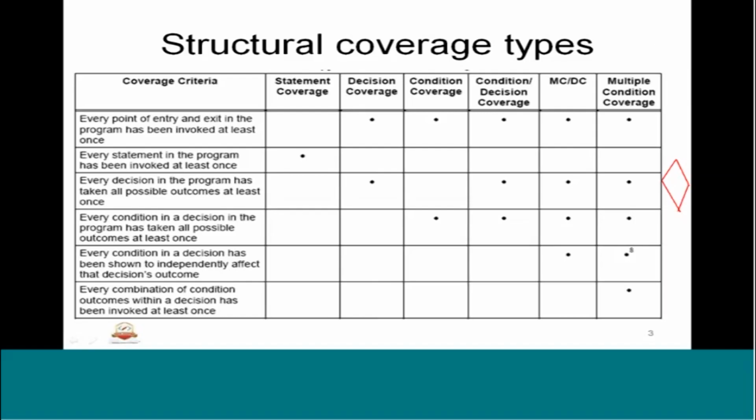It will be having certain conditions. So the decision can take as true or it can take as false. This path can take as yes or no, yes true, no false.